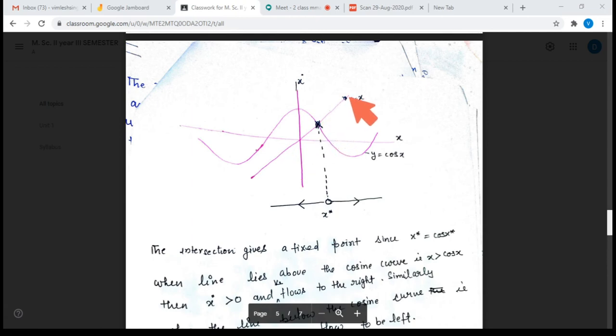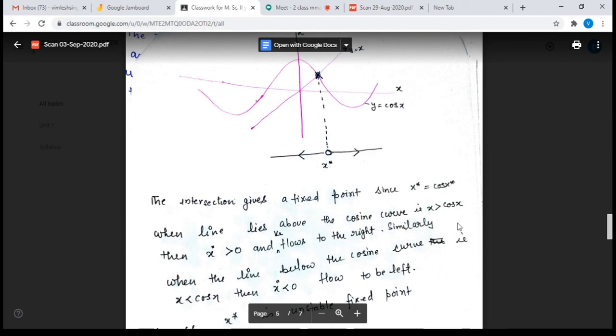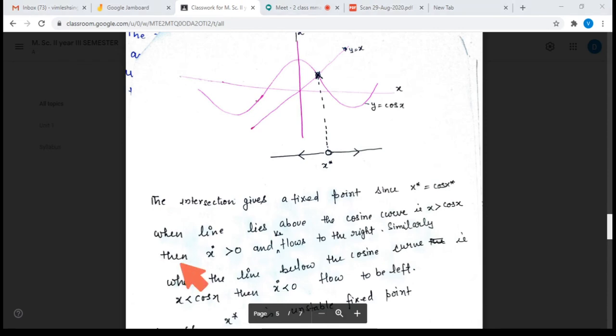So when the line lies above the cosine curve, that is x is greater than cos x, then x dot is positive and the flow is positive. The line is below, the flow is negative.